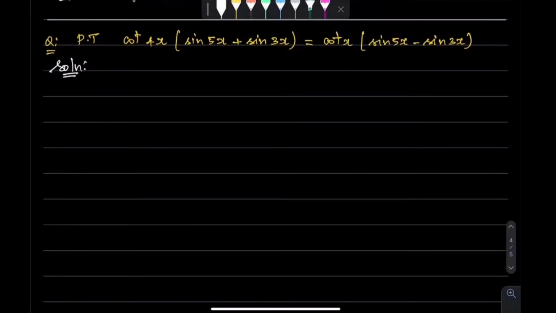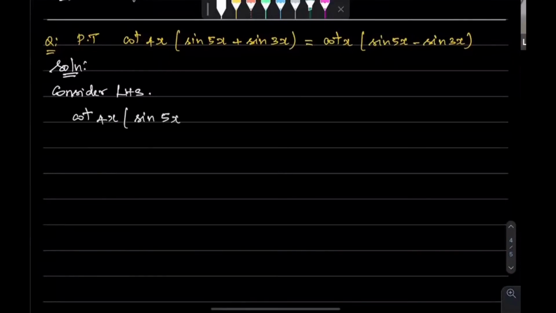So let's do this problem. Consider LHS. So what is the simplified version? Anybody got the answer? So 2 sin 4x into cos x.